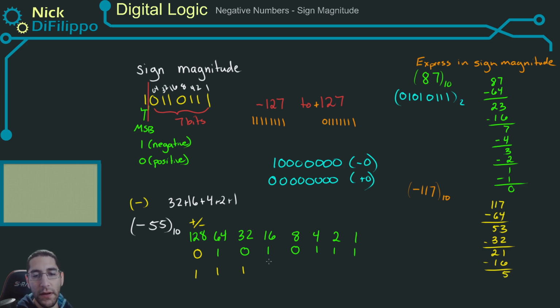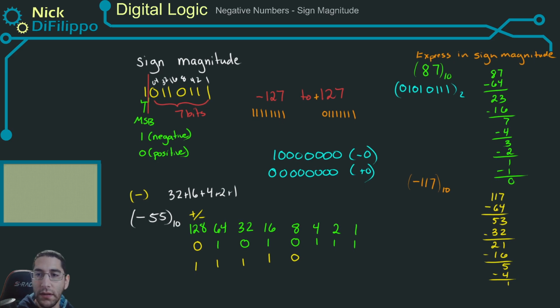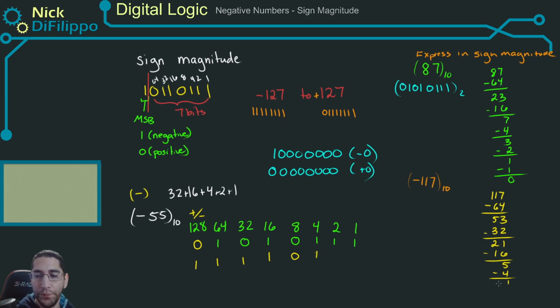This is a 5, so we cannot use an 8. An 8's bigger than a 5. We can subtract out a 4. So we used a 4. 2 is greater than 1, so we're not going to use a 2. When we subtract out our 1, we get a remainder of 0. And this is our binary number to express negative 117 in sign magnitude form: 1, 1, 1, 1, 0, 1, 0, 1.